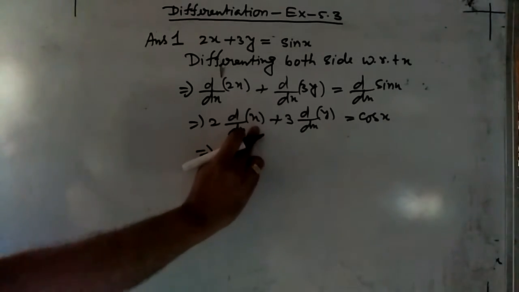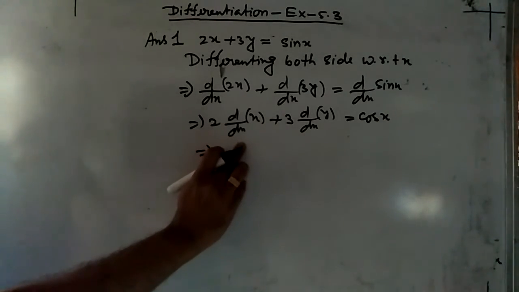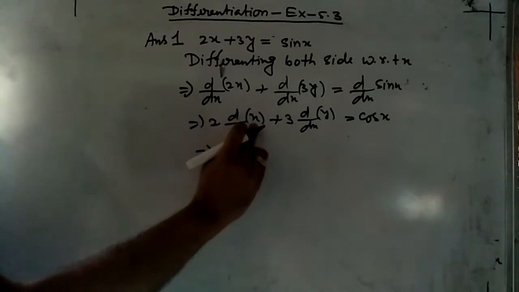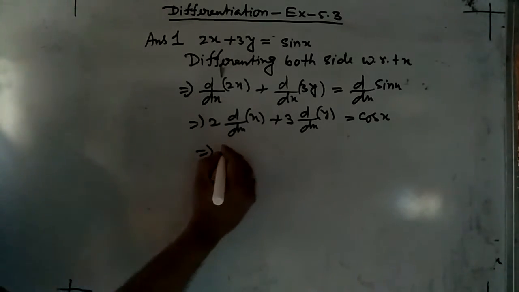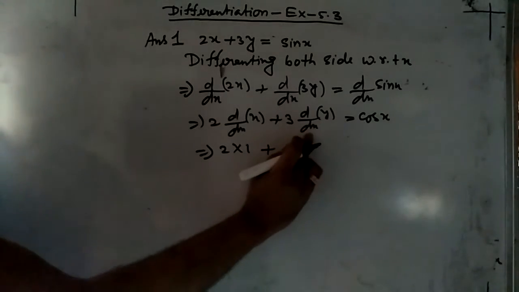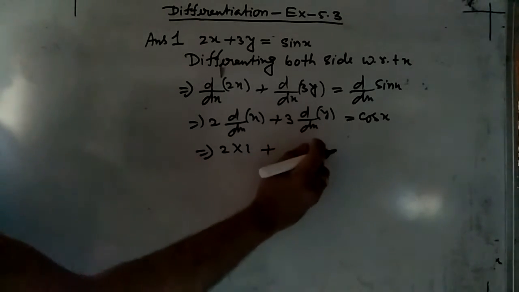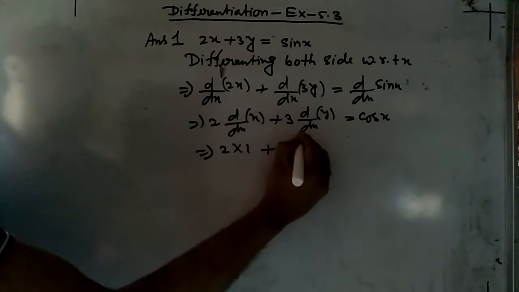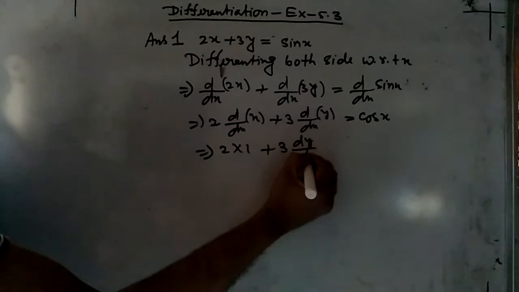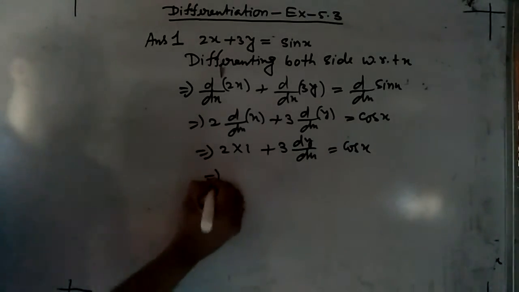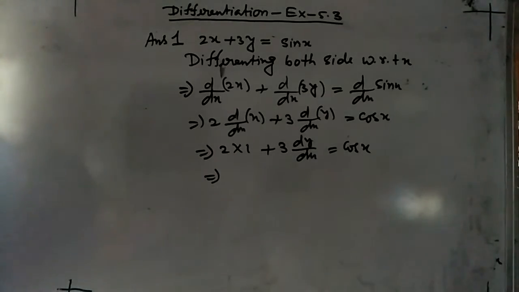Now the derivative of x with respect to x will be 1, because we know the formula: the derivative of x to the power n will be n x to the power n minus 1. So the derivative of x will be 1. So 2 into 1. The derivative of y with respect to x is dy by dx. We can't differentiate this further. This is 3 dy by dx, and this is cos x, right?